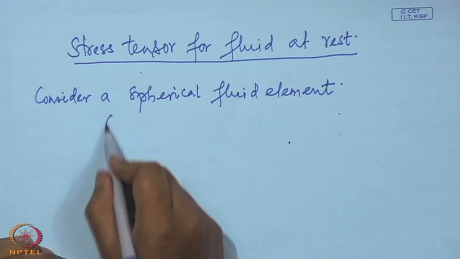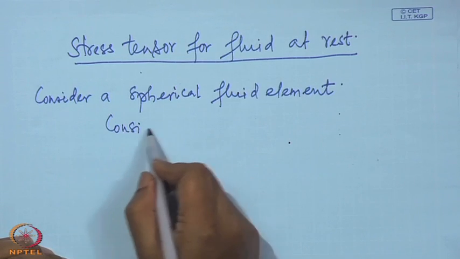And we will choose the principal axis system for stress. That we can choose without losing any generality, so that the stress tensor contains only diagonal elements.